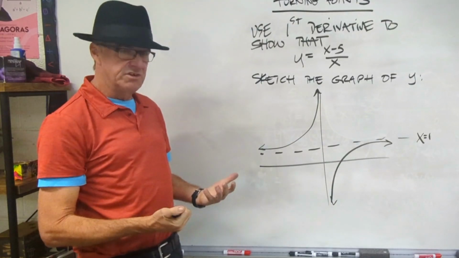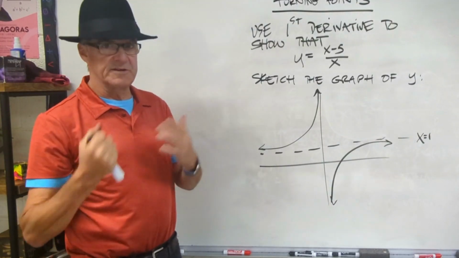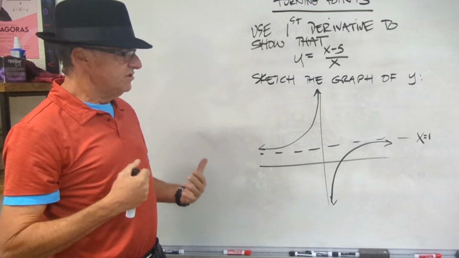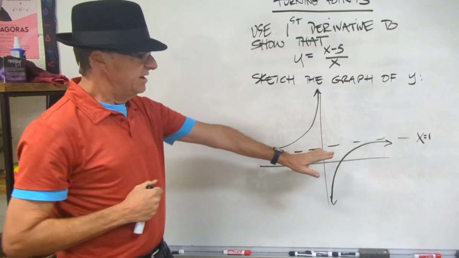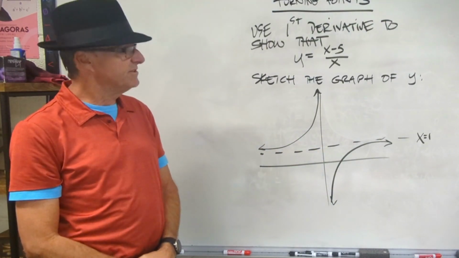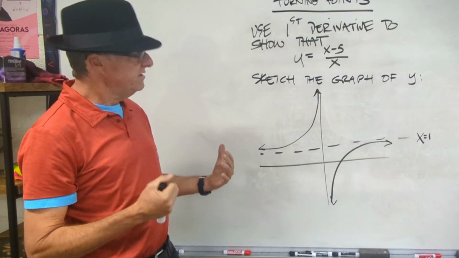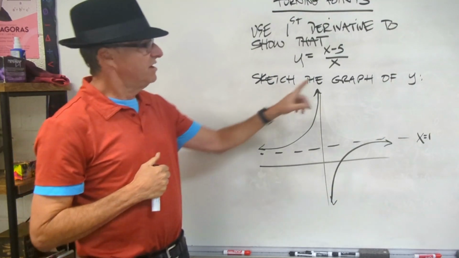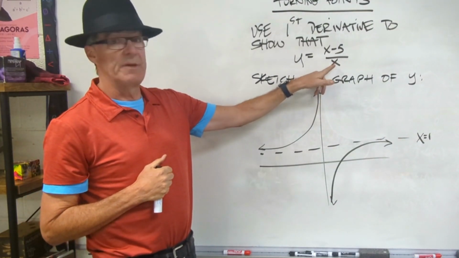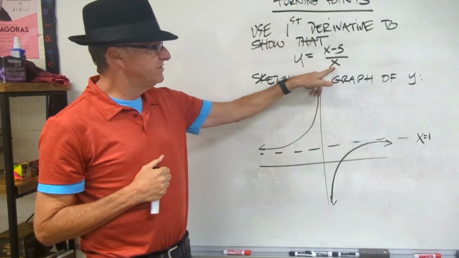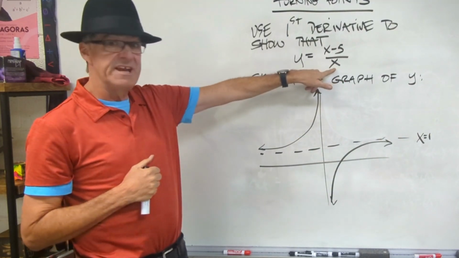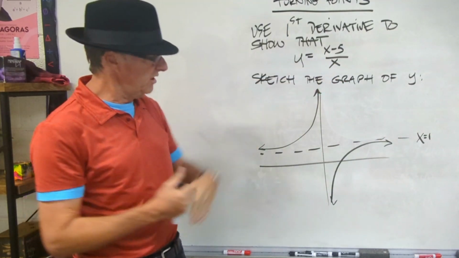Okay, this is a rational function. And if you recall from our section and our work there, rational functions have two curves that are defined by their asymptotes. And so this one, the thing you need to remember is that the vertical asymptote happens when the bottom is 0. And so that means that since there's only an x, when x is 0, we have a vertical asymptote.